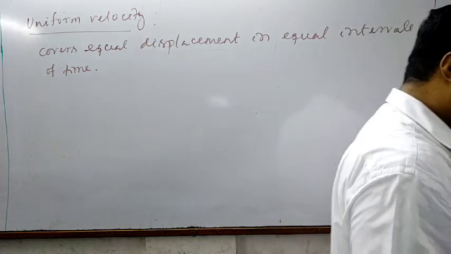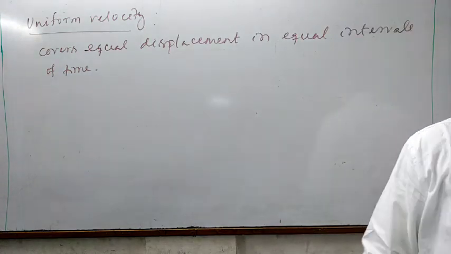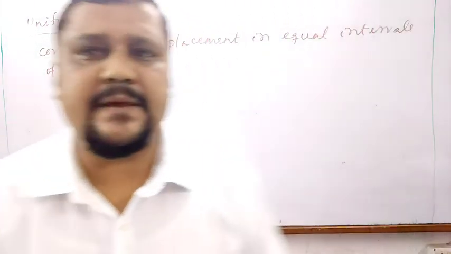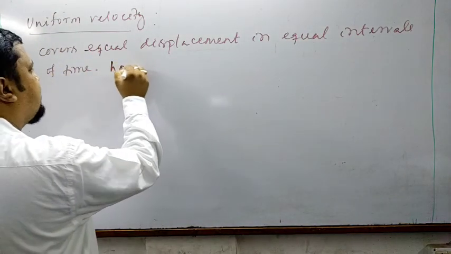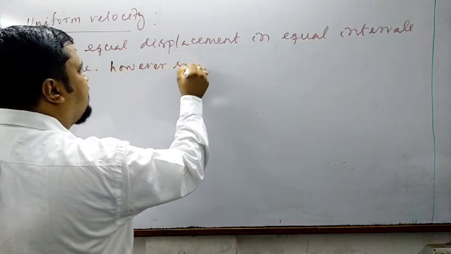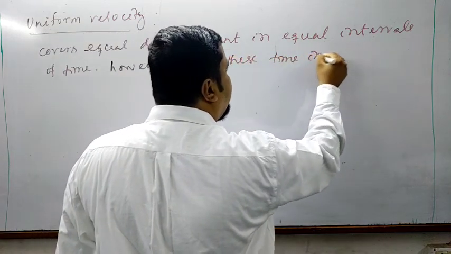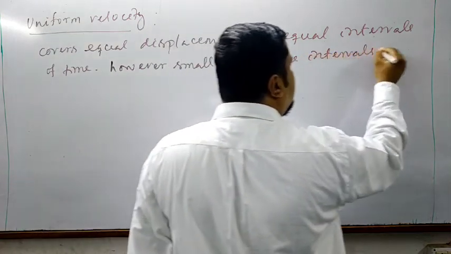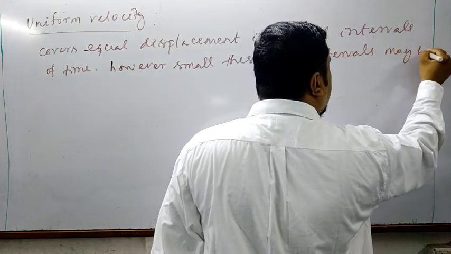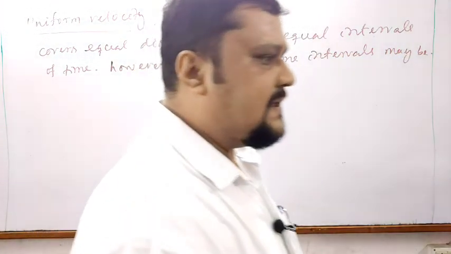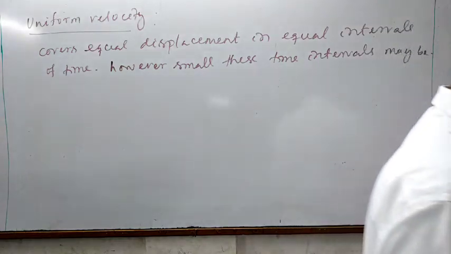So while writing, you can add: however small these time intervals may be. This is called uniform velocity.